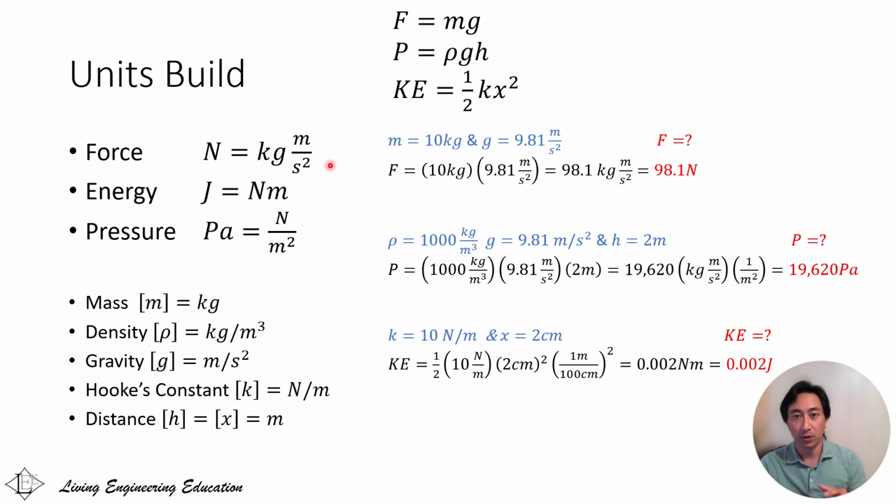Recognizing what general forms you get, right? Like newtons is a general one, joules is a general one. The joule per second is a watt, that's a general one. Pascals is a general one. So all of these tools will help you keep track of your units throughout solving a problem. So by the time you finish solving a problem, if your units don't match what you're solving for, most likely you left out a term. So it's a good way to check your work.